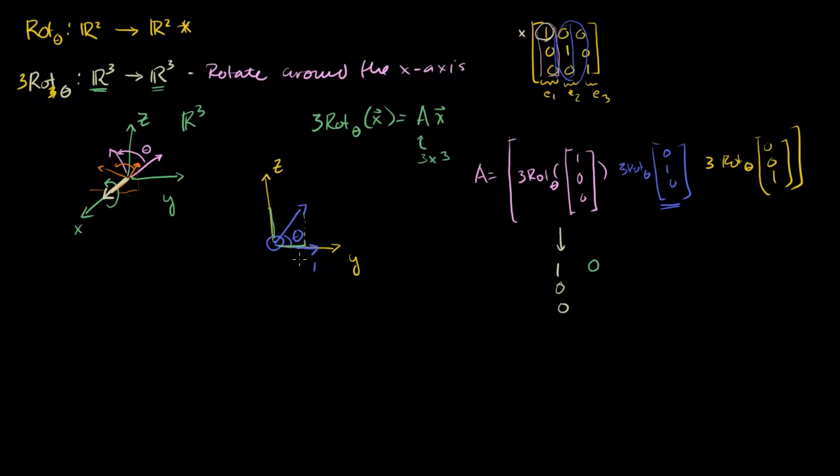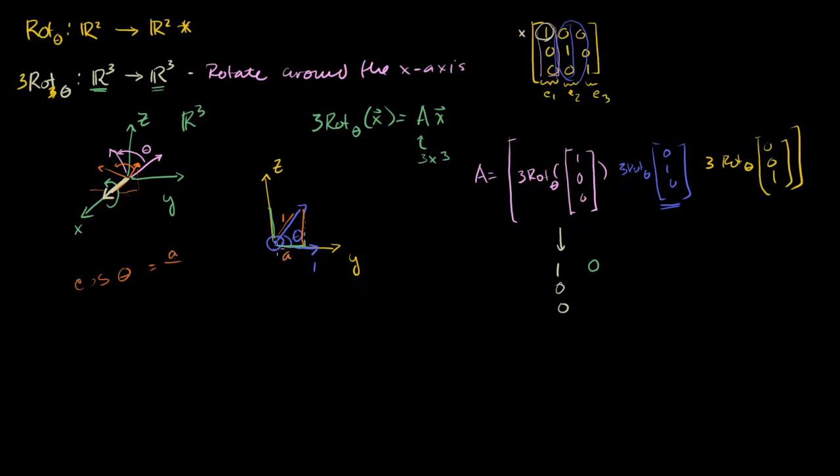So what's its new y component? We did this in the last video, so I won't go into as much detail. But what is cosine of theta? The length of this vector is 1, right? These are the standard basis vectors, and one of the things that makes them nice is that their lengths are 1. So we know that the cosine of this angle is equal to the adjacent side over the hypotenuse.